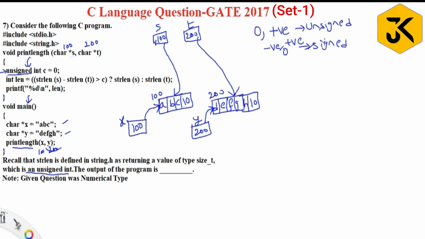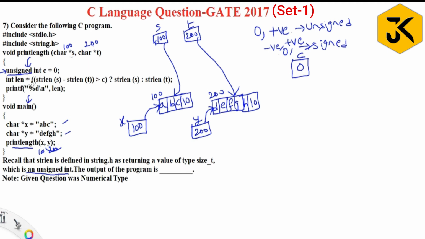Depending upon the machine size, it will accept a certain number of digits. You need to understand that unsigned means 0 and positive, signed means negative, 0 and positive. Unsigned int c equal to 0: they have defined a variable c with value 0. Now they have defined int length equal to the expression.